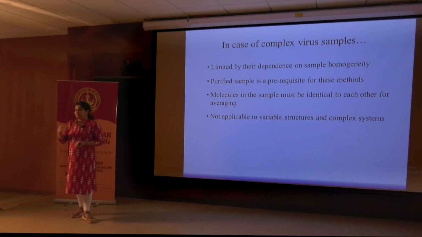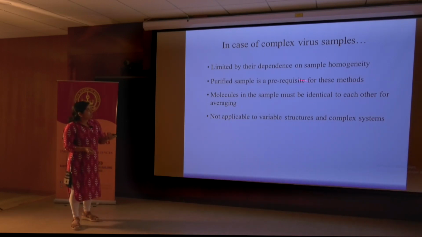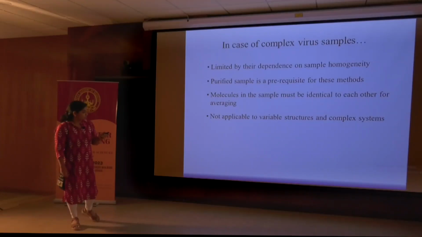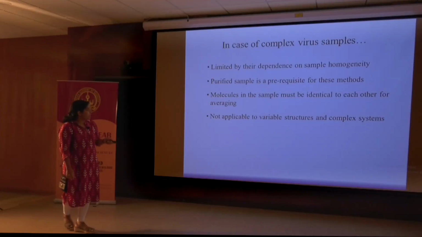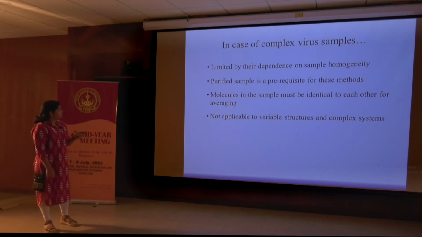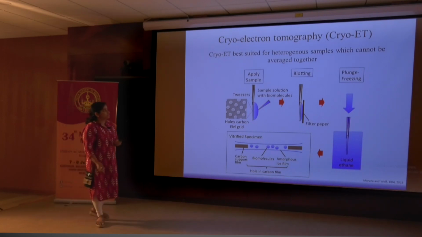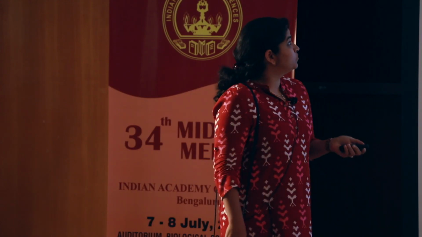By that I mean viruses that are not necessarily all homogeneous, or cases where you want to know how the virus is infecting a cell, or how it's interacting with a cellular system. In those cases things are not homogeneous and you have very little control over the system itself, and we are still limited in how much we can know. One of the methods we can use for studying such complex virus systems is called cryo-electron tomography, which is the main area of interest for me.